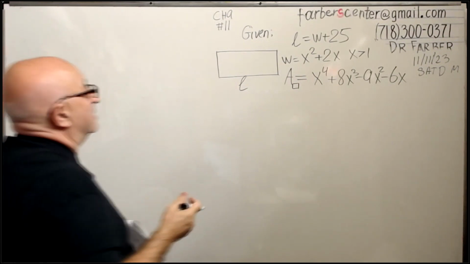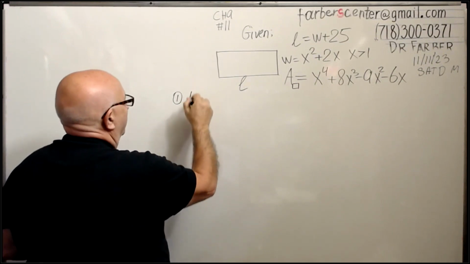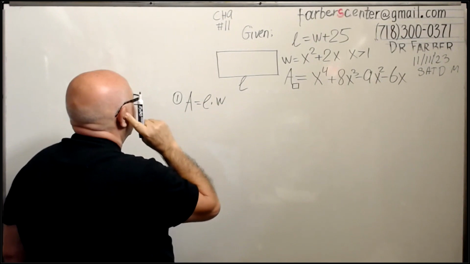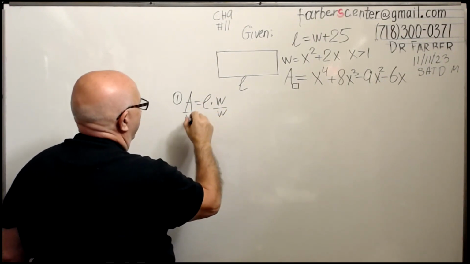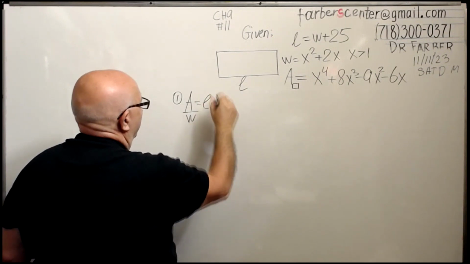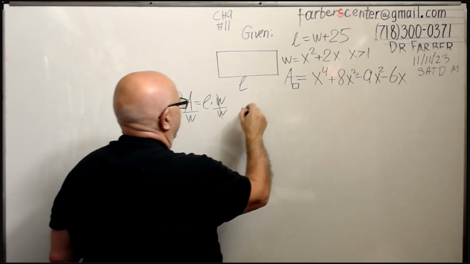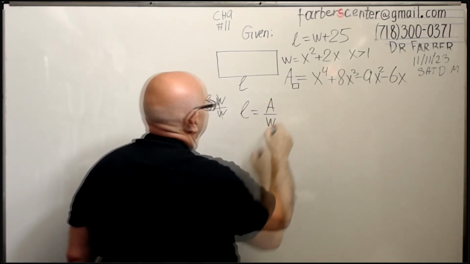Well, from first grade, step number 1: you know that the area of a rectangle equals length times width. If I divide both sides by width, I can easily get the length. So length equals area divided by width.